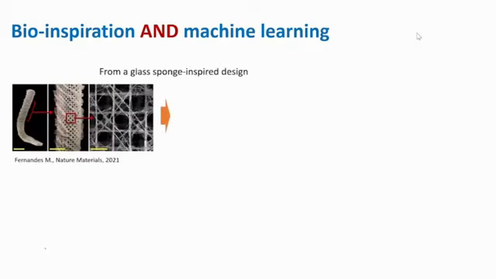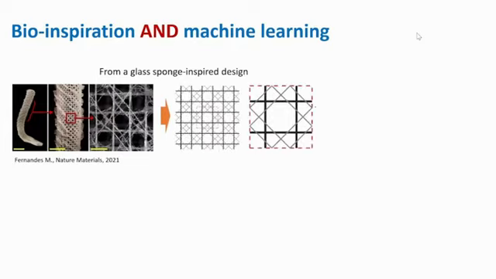Here we took inspiration from the glass sponge I showed before, and from a recent paper where the authors, inspired by these deep sea glass sponges, designed a unit cell with a high buckling strength.